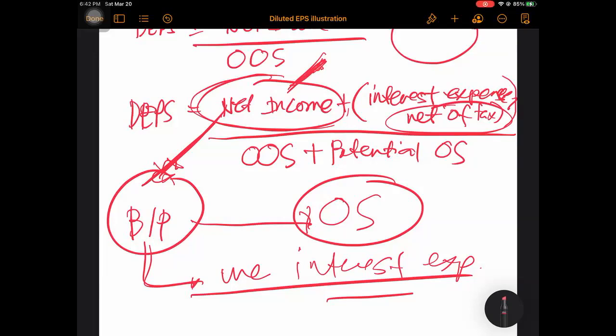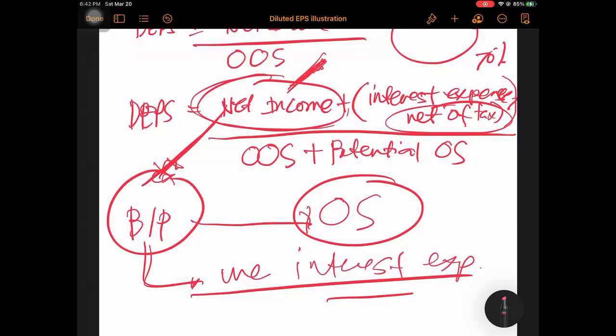Normally, because it is a corporation setting, you will use 70%. The net of tax is the interest expense times 70%, because 30% is the existing corporate tax rate.